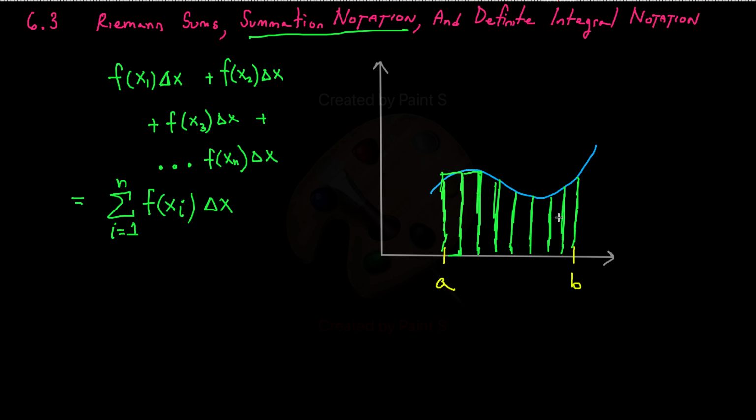Now, the key here is that we need to see that the more rectangles I take, the better the approximation. More subdivisions or rectangles, same thing. If n gets larger, more subdivisions, the better the approximation is.